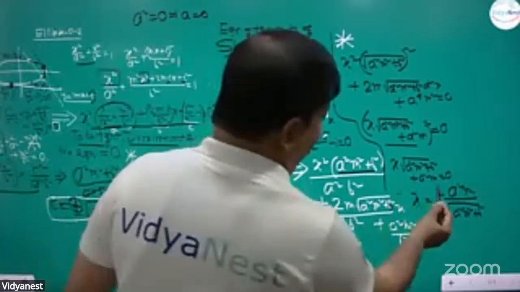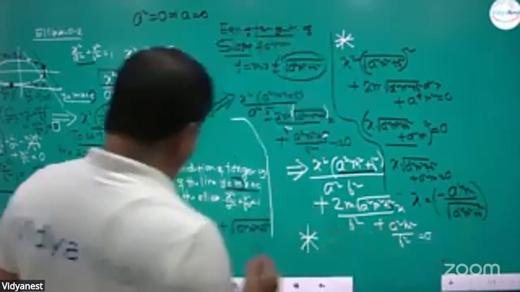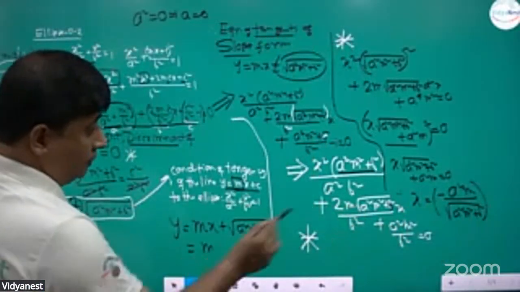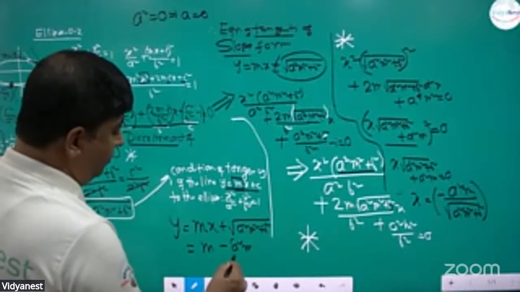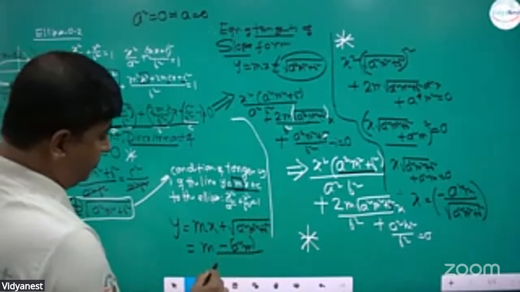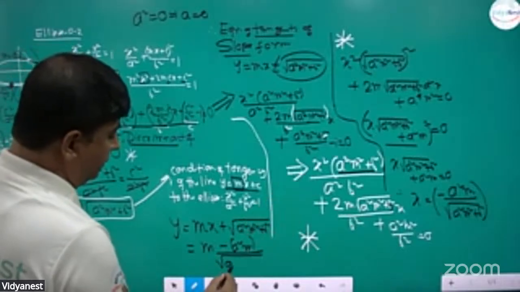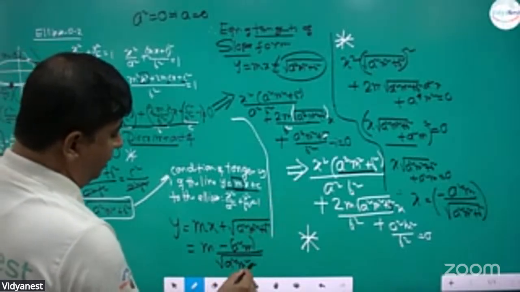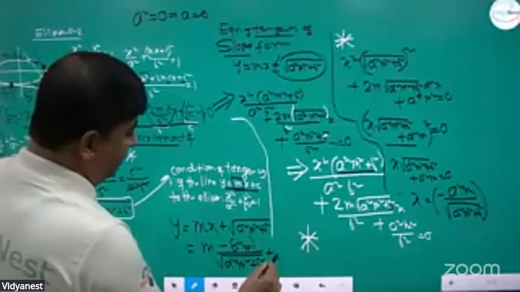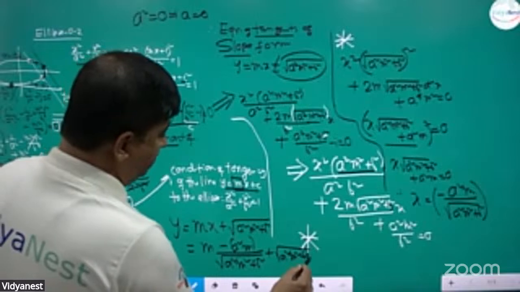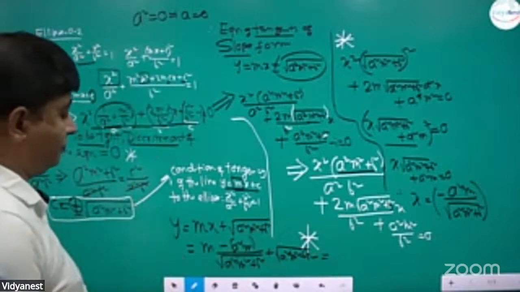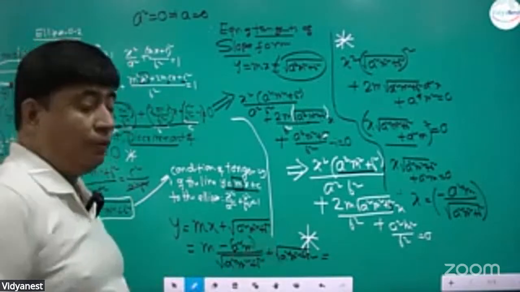Just now what value of x have we got? Minus a square m by root a square m square plus b square, plus, take the LCM, the root will be removed.